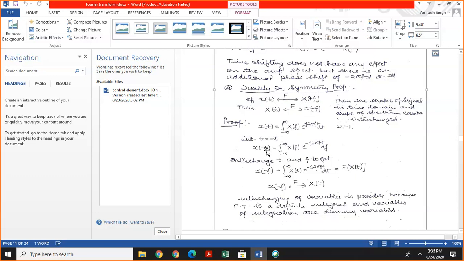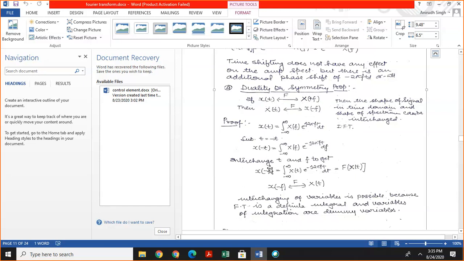So x of minus t is equal to the integral from minus infinity to plus infinity of X of f exponential minus j2 pi ft df. Then interchange t and f to get this expression.